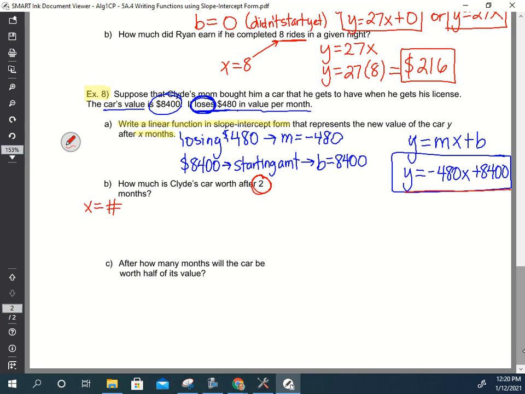So x equals the number of months. What are we going to do with that 2? What do you think we're going to do with that 2? And plug it in.